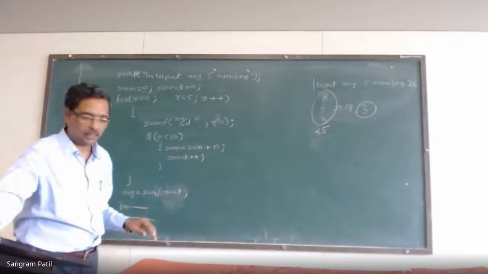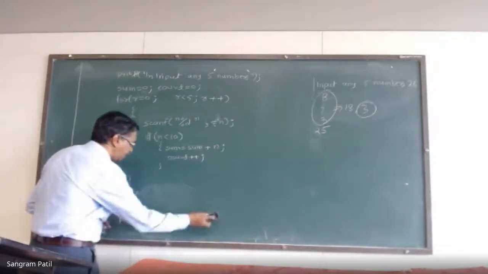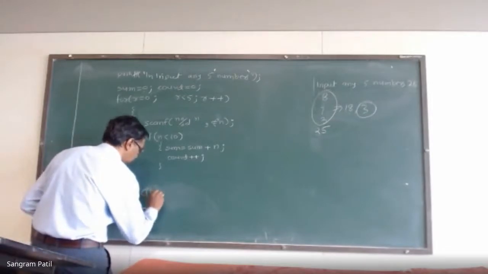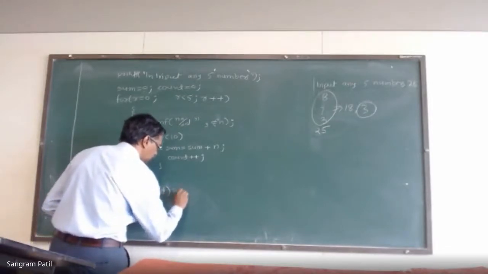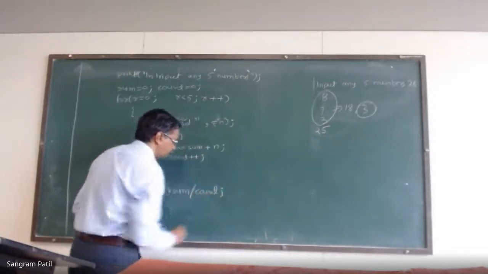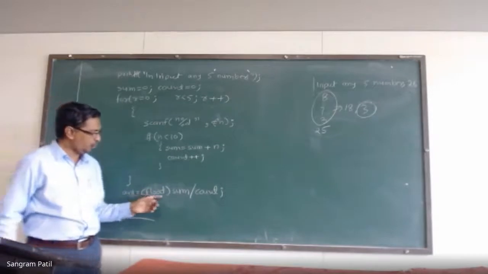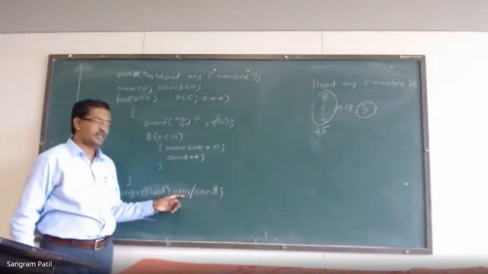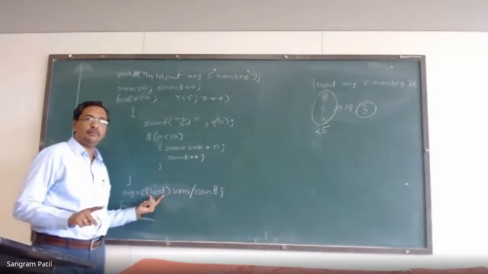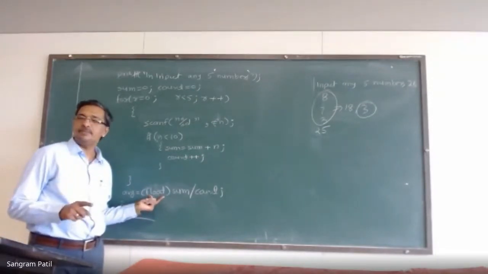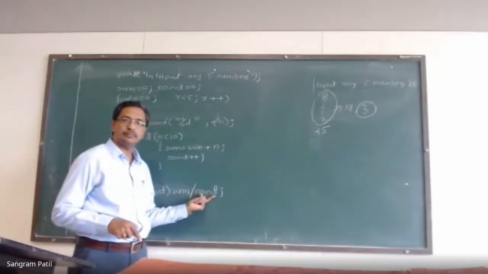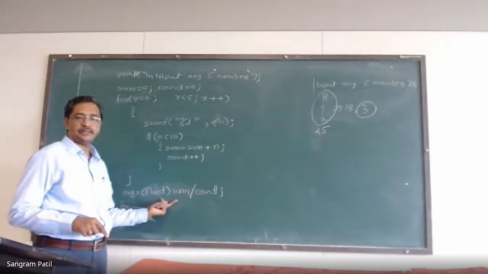To get the correct answer, we have to modify this as average equal to float sum divided by count. So this sum will be temporarily converted into float only for the calculation. So if it is 68, it becomes 68.0 and then it is divided by count, whatever count. Now this will give you the correct answer and then print it.